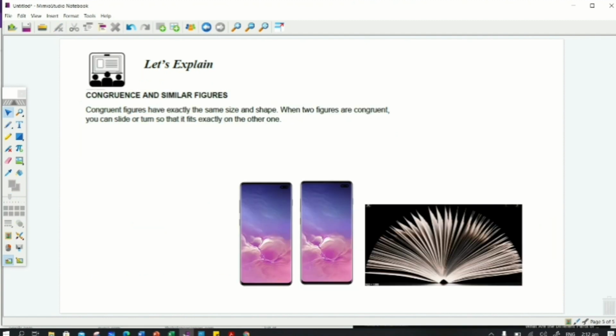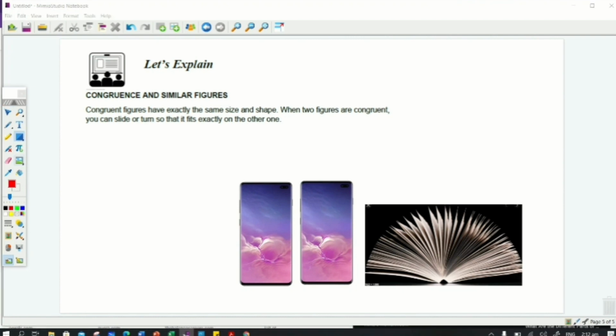Let's now define the difference between congruent and similar figures. When we say congruent figures, they have exactly the same size and shape. When two figures are congruent, you can slide or turn one so it fits exactly on the other.